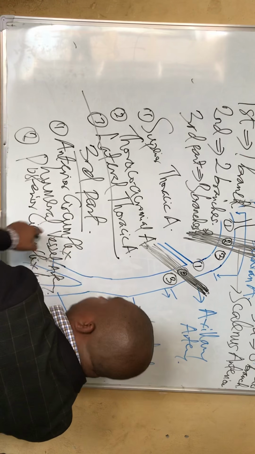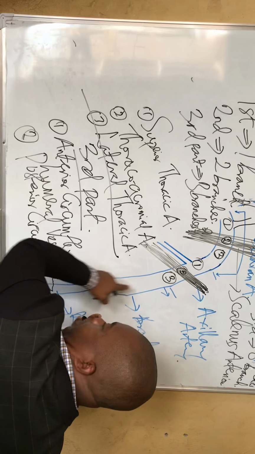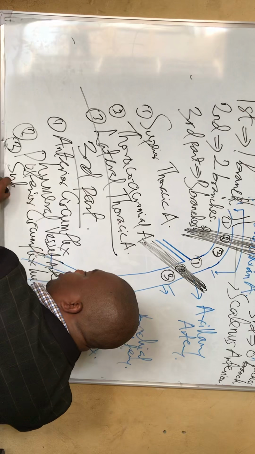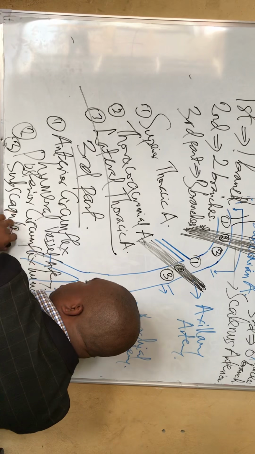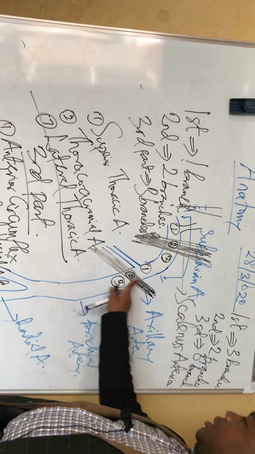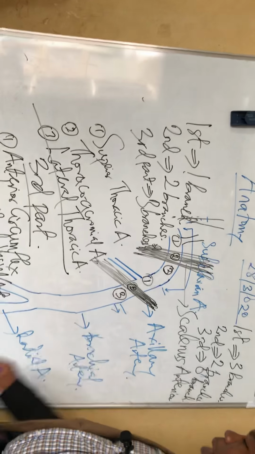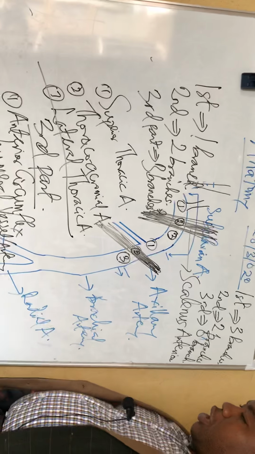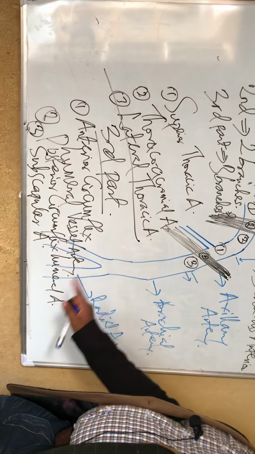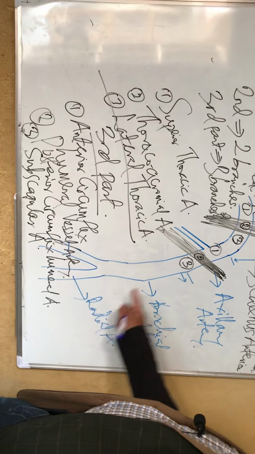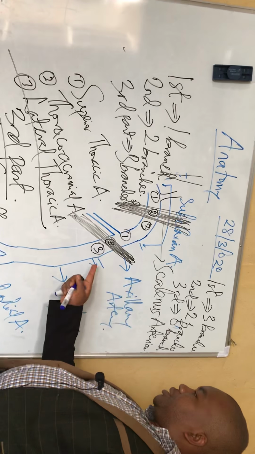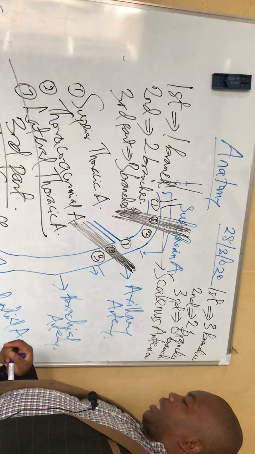Then you have another branch coming from the third part, which is called the subscapular artery. So these are the three branches that come out from the third part of the axillary artery. So we are through with the subclavian artery and its branches, and we are through with the axillary artery and its branches.